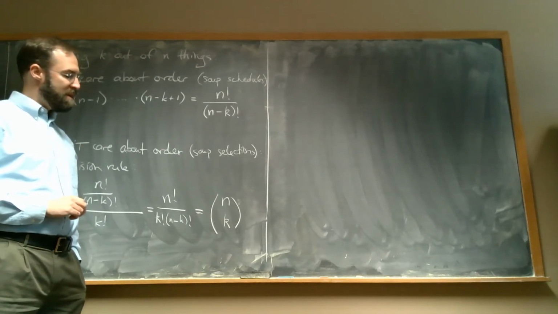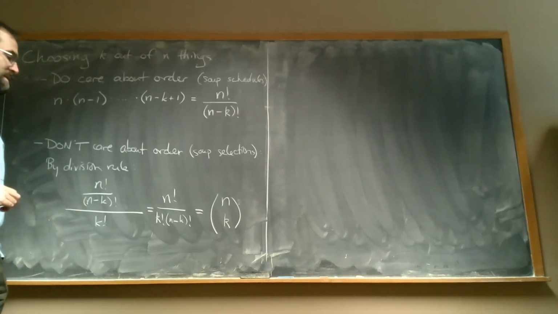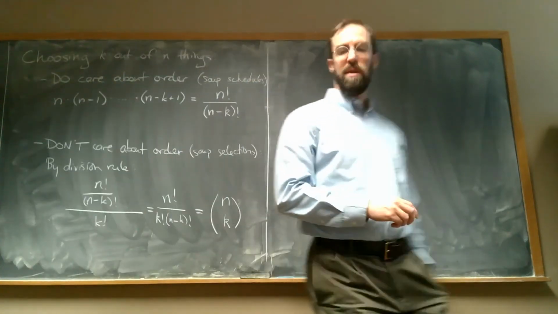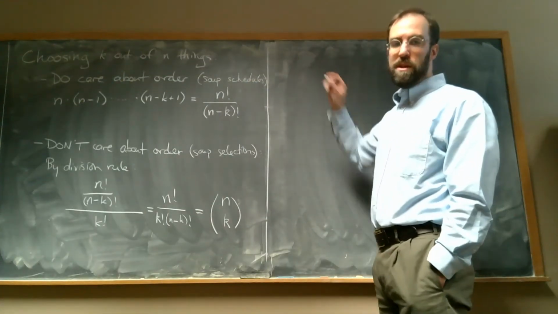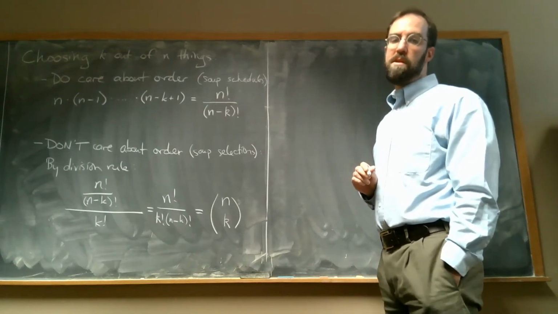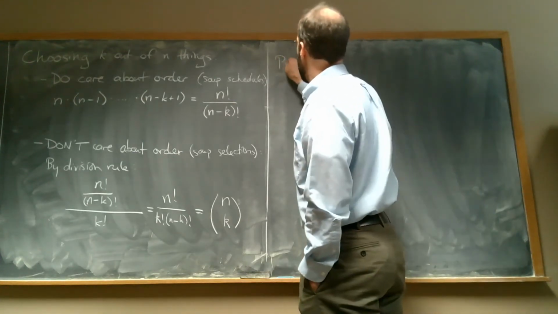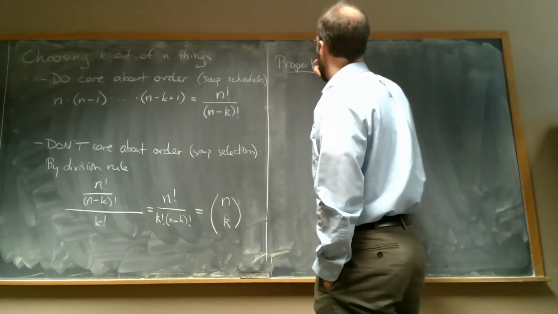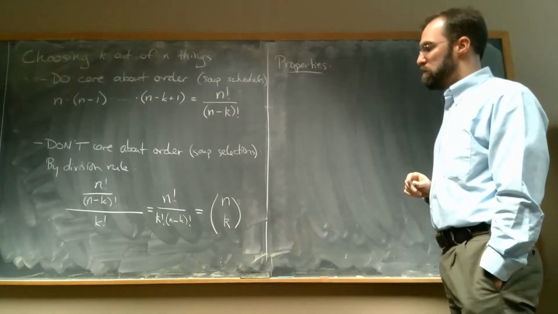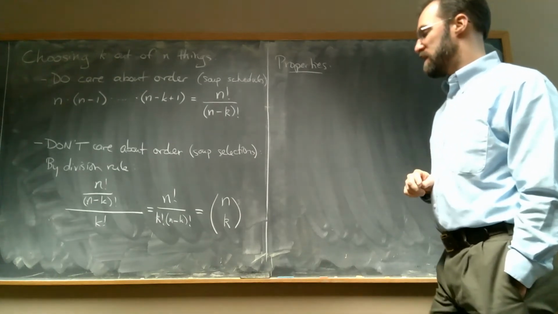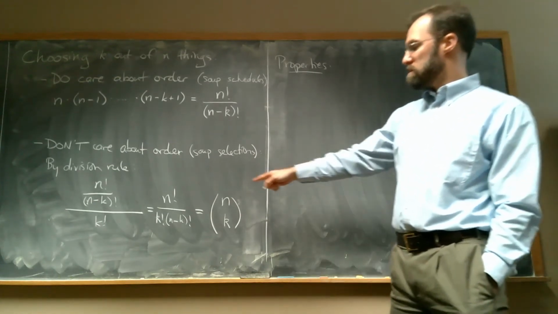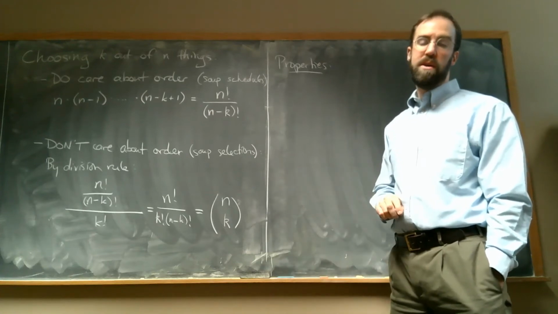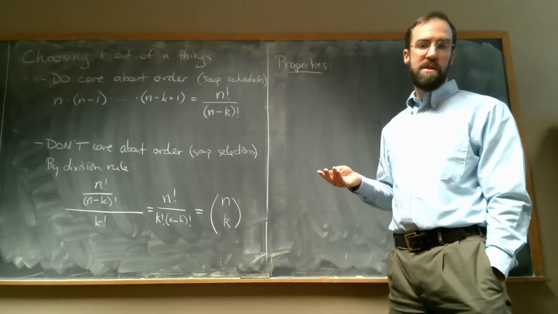Okay? So let's think about a couple of properties that this has. We'll look at a few simple properties here, and then we'll look at some other ones in another video. For each property I want to look at, we'll see why it has this property from the formula, but then we'll also think about, from the point of view of counting things, why it makes sense.